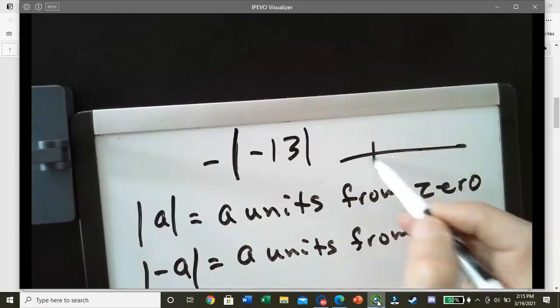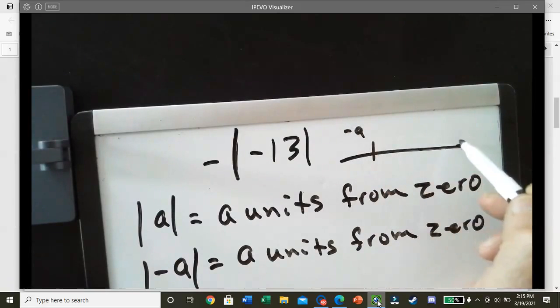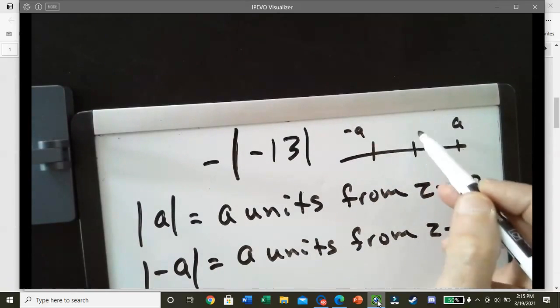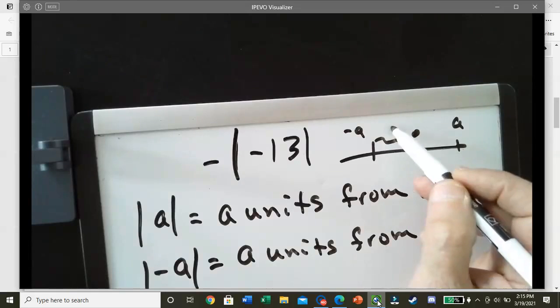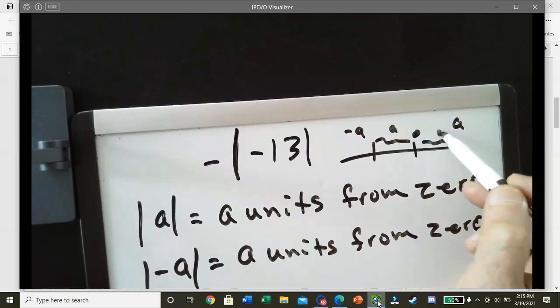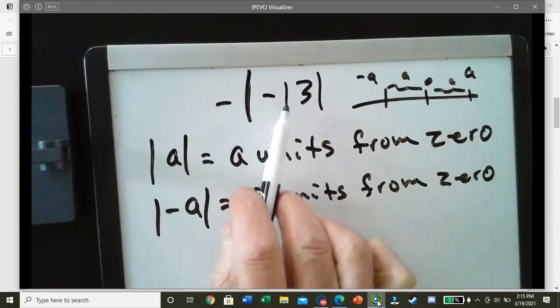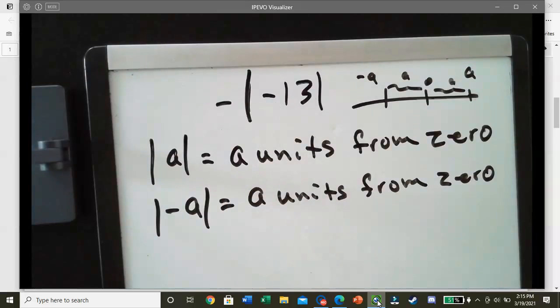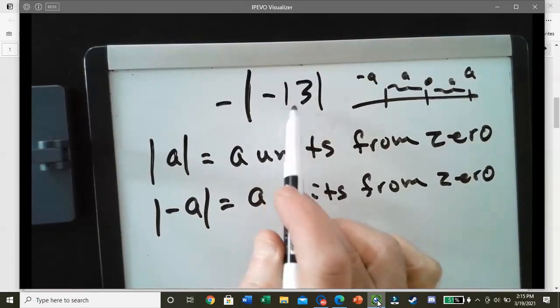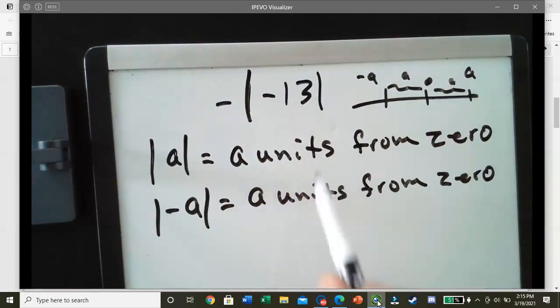So whether you're at negative A or positive A, it's still A units from 0. Absolute value is like parentheses in the order of operations: you have to simplify inside the absolute value before you can do anything else.